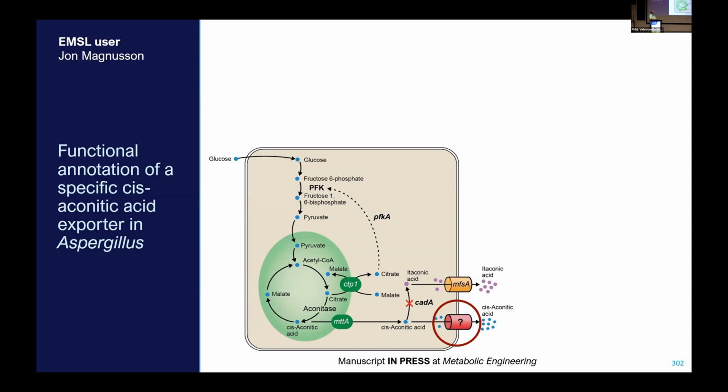And so he wanted to identify how this strain was not only producing it, but also exporting the cis-aconitic acid. Through that comparative proteomics, they identified a membrane protein that they believed must be involved with the export of cis-aconitic acid. So we took this protein, used cell-free expression directly into proteoliposomes, and created a fluorogenic activity assay.